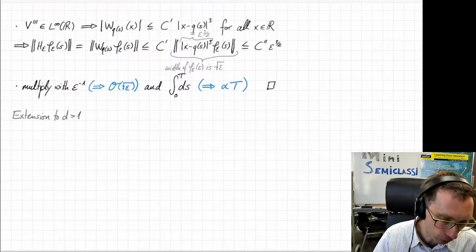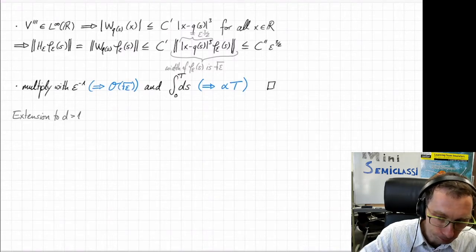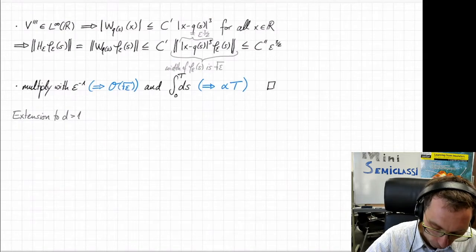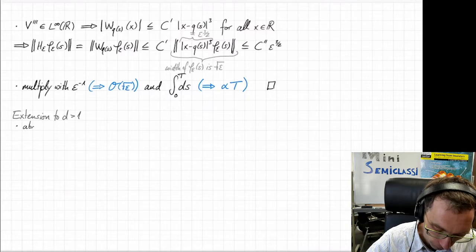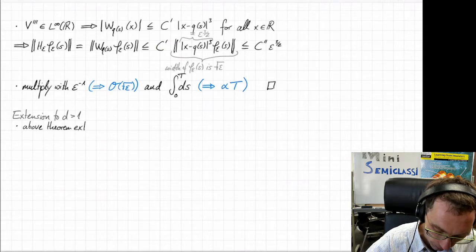Indeed, what I did was I took the proof for the general case for d greater or equal to 1, and I simplified it for d equal to 1. So the above theorem extends to higher dimension.